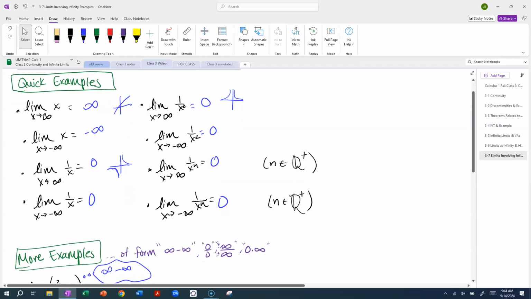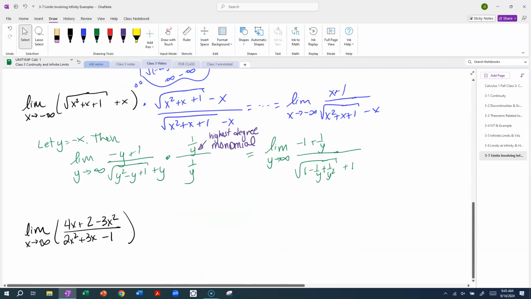Because up here, I know that if it's 1 over something, those all have limit 0. So at the end of the day, when I do the limits, this is going to go to 0, this is going to go to 0, this is going to go to 0. So what am I left with? I'm left with negative 1 in the numerator, and then 1 plus 1 is 2. And I get negative 1/2 for my answer.